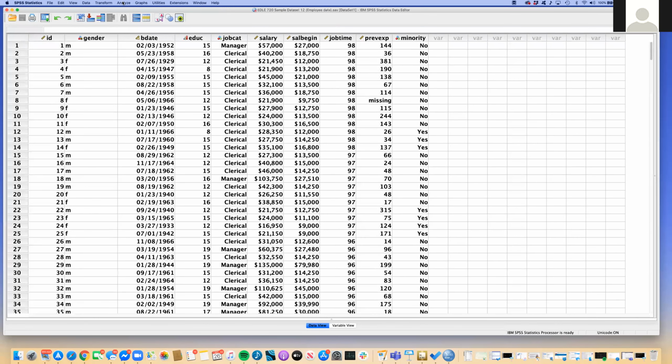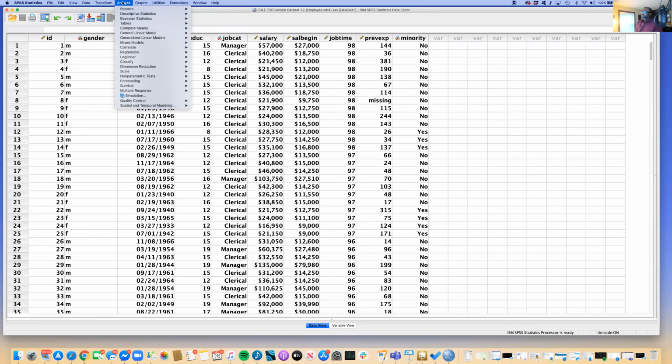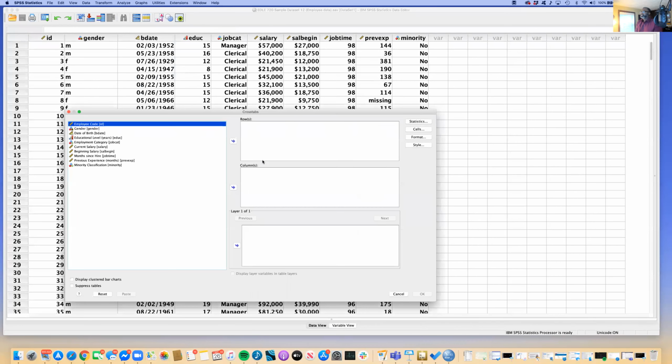So let's go to Analyze. We're going to go to Descriptive Statistics, and then Crosstabs. So let's put job category in the row.